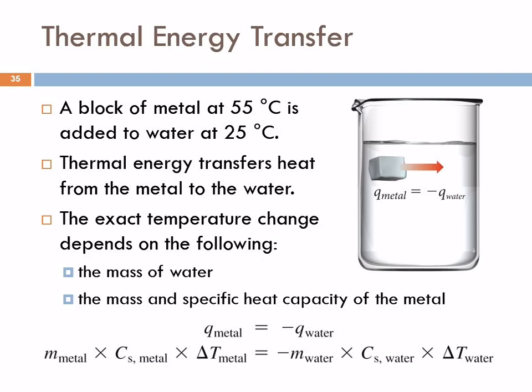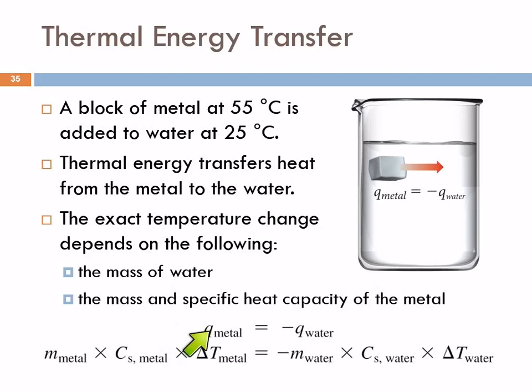So the exact temperature change that you end up with is going to depend on the mass of the water. It's also going to depend on the mass of the piece of metal and what the specific heat capacity of the metal is. If the chunk of metal is larger, the water's going to warm up more than if it was smaller. That makes sense. If this is something with a high specific heat, then the water's going to change more than if this is something with a low specific heat.